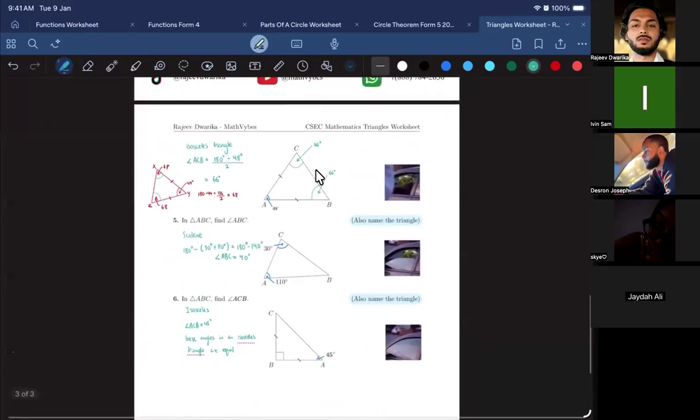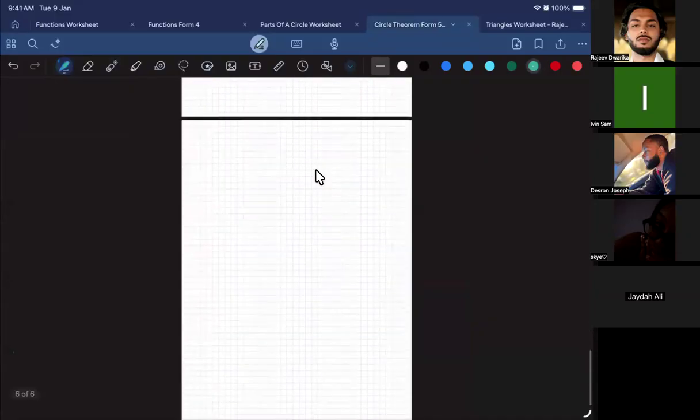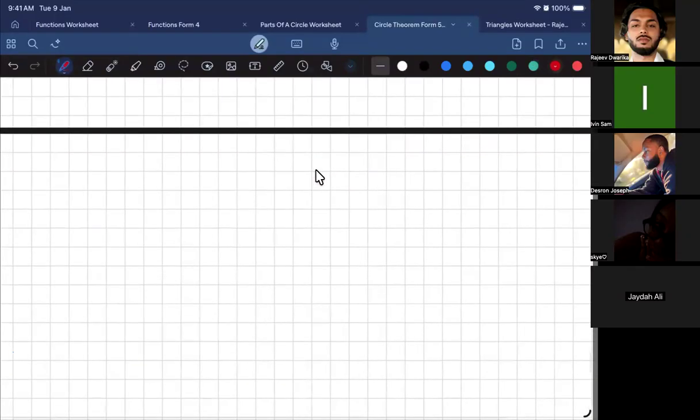Let me move straight into the different circle theorems. Circle theorem time.